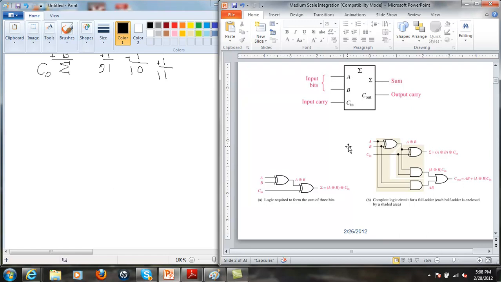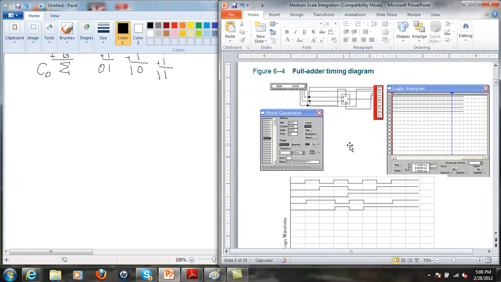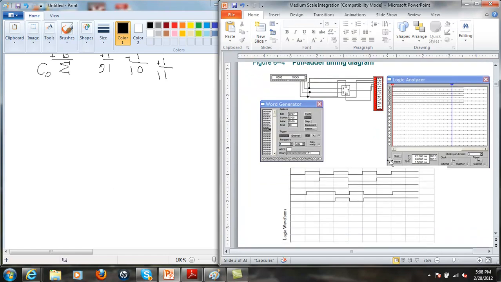Let's go to the next page. The full adder timing diagram is shown here.